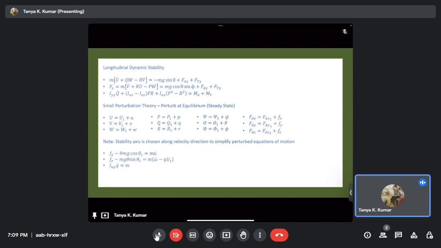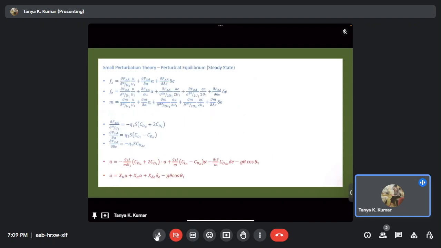Like lift is perpendicular to the velocity, drag is parallel to the velocity. So all of these rotational terms, that is sine, cos, all of them get reduced when you assume your axis to be oriented along the velocity vector. This is the main reason why you have simplified equations and why we have chosen the stability axis in such a way.